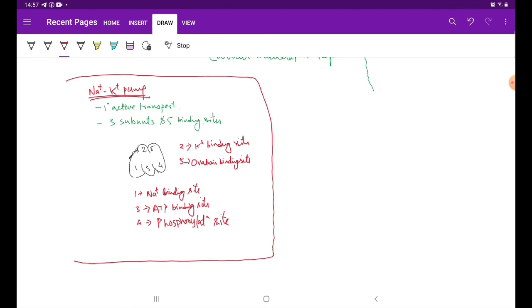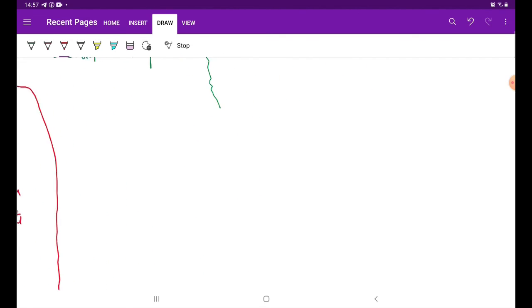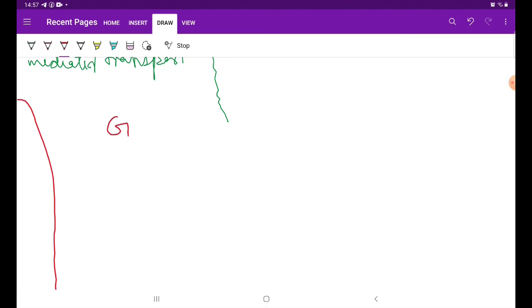Now, as we discussed, let's discuss the GLUT proteins. There are different types of glucose transport proteins.